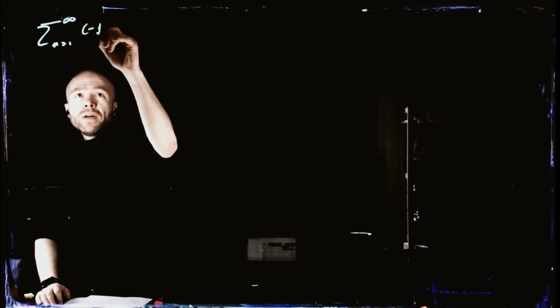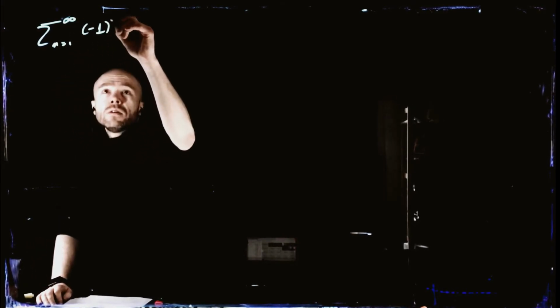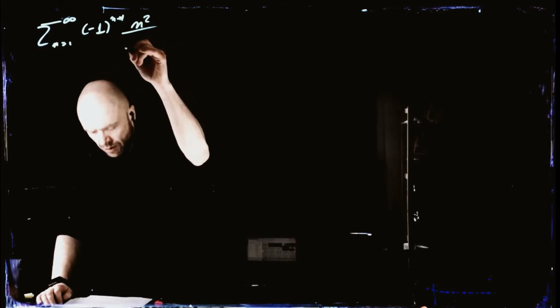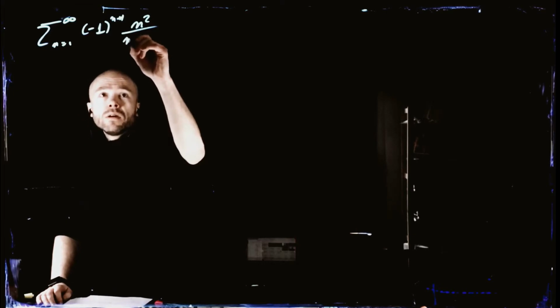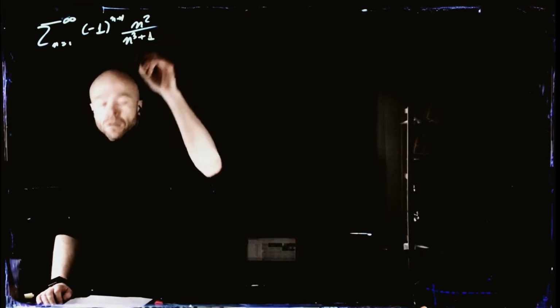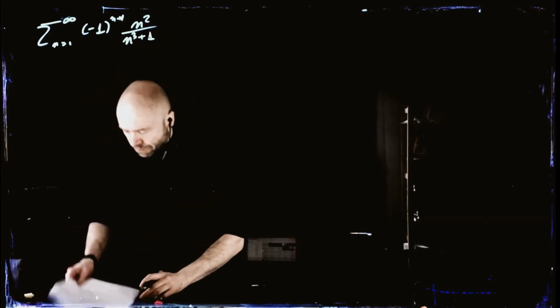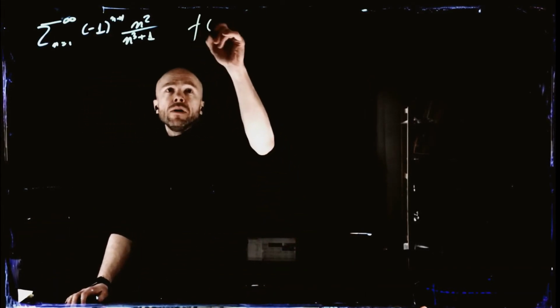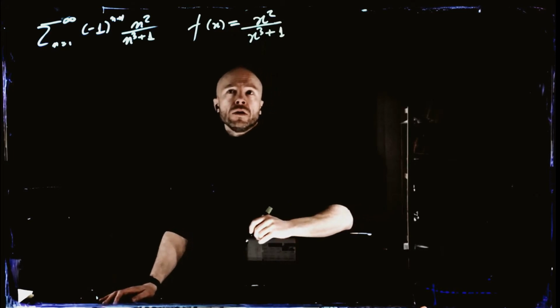This is our series, the sum from n is equal to 1 to infinity of minus 1 to the n plus 1, n squared over n to the 3 plus 1. And our function is what?